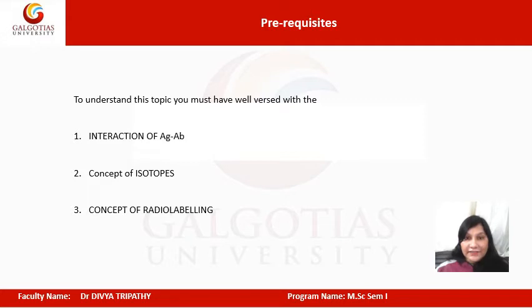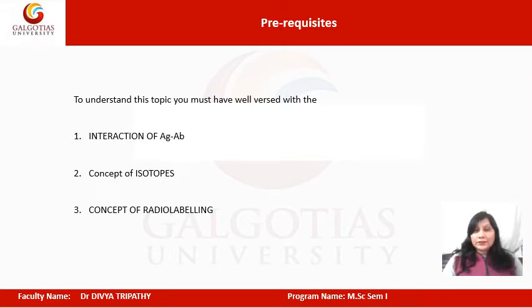Now in today's lecture we will learn about an immunoassay technique, RIA. The full form of RIA is radioimmunoassay. To understand RIA, you should have knowledge of the interaction of antigen and antibody. What is the zone of equivalence? What is the pre-zone? What is the post-zone? You should be aware of the concept of isotopes and the concept of radio labeling.